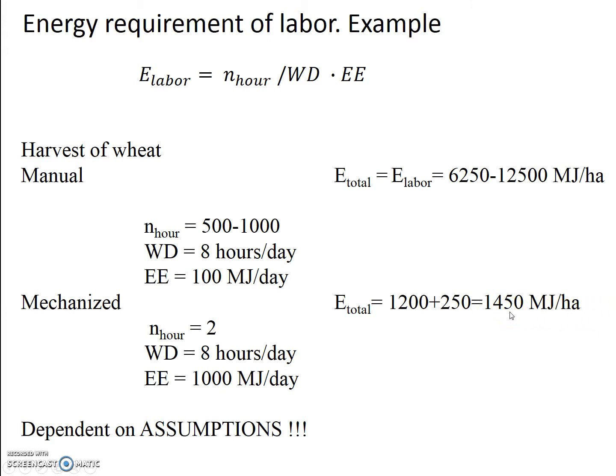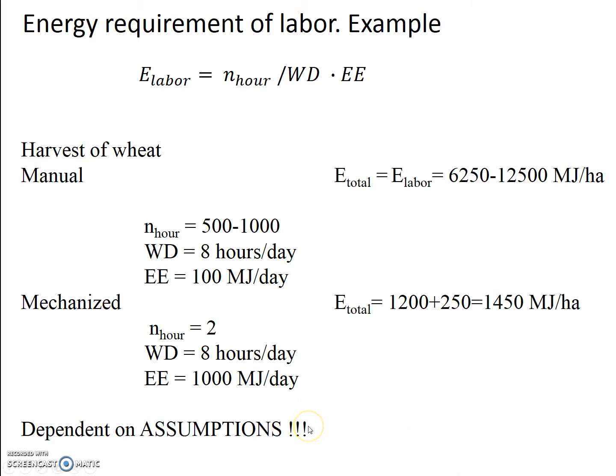It's interesting to see that the total energy requirement is reduced when we use a mechanized system, basically because the mechanized system is more efficient in performing all the operations required for harvesting wheat.